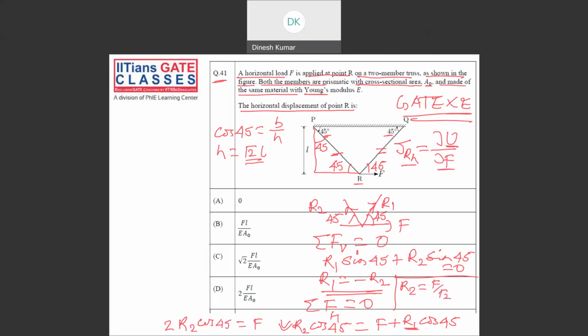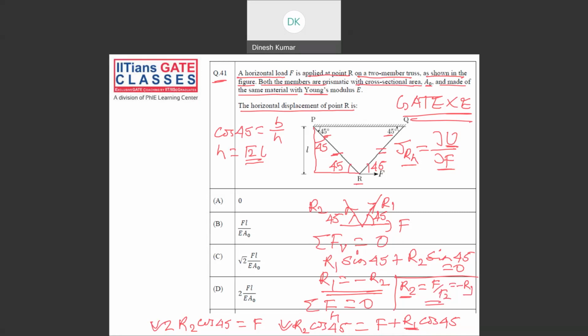If you solve this, R2 you will get F under root 2 and it is equal to minus R1. Now we already got the member forces. These R1 and R2 are your member forces.